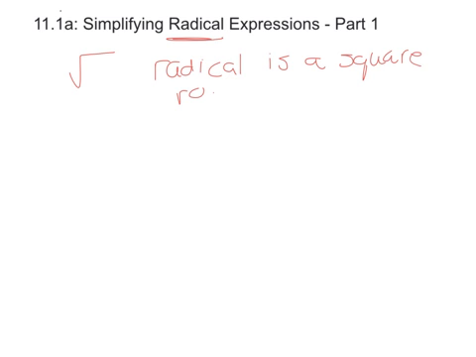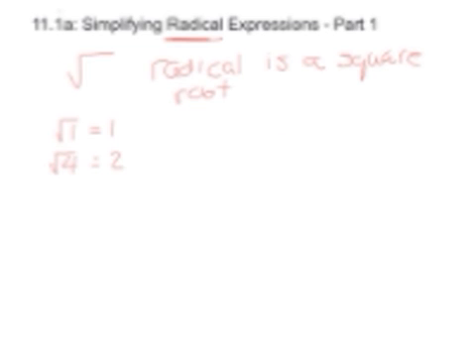And we have been dealing with perfect squares, which it is still important to know about. So going back to that, we know that 1 is a perfect square because the square root of 1 is 1. And 4 is a perfect square because the square root of 4 is 2. Square root of 9 is 3.